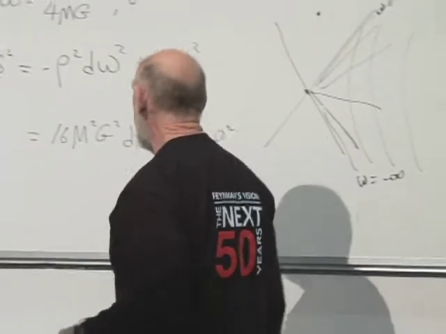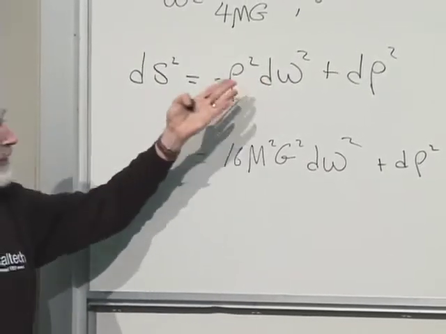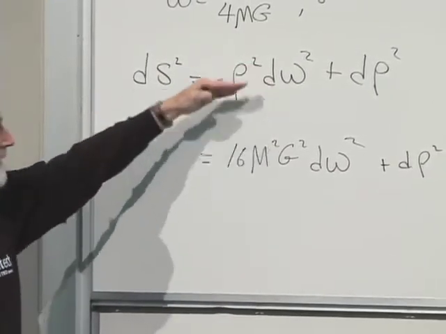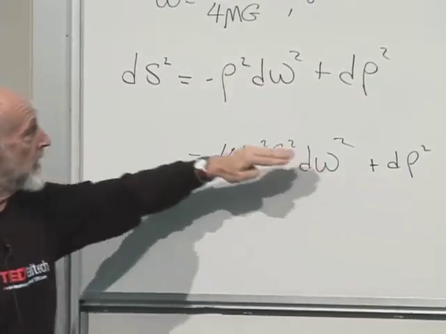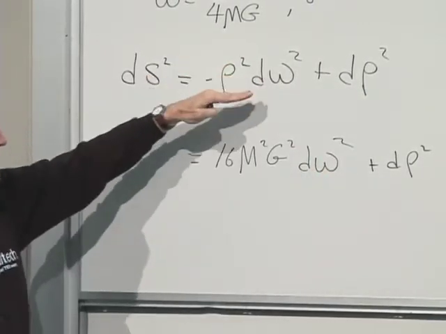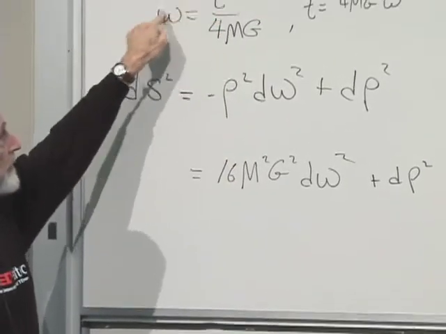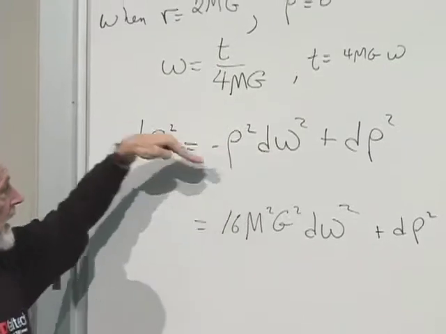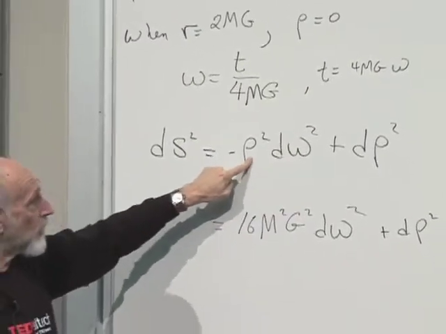So look what's happening. Near the black hole, the only interesting difference between these two is not in the d rho squared term, but in the time term. Omega is a kind of time. It's related to time through this equation over here. Near the black hole, there's a factor rho squared.